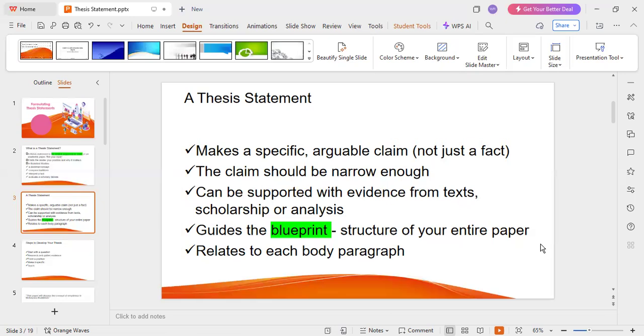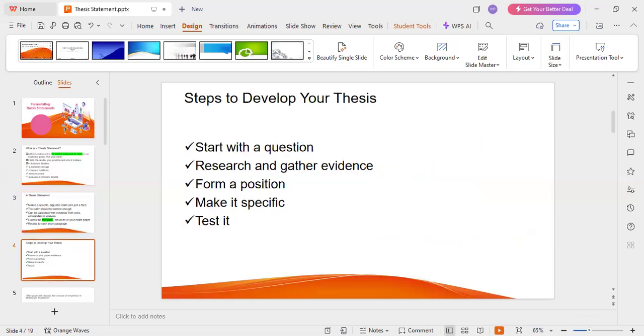So that is very specific. So understanding thesis statement to be the blueprint, it is like this guiding light, right?